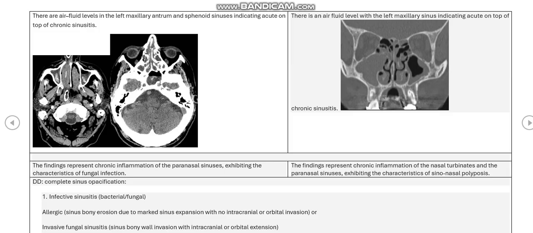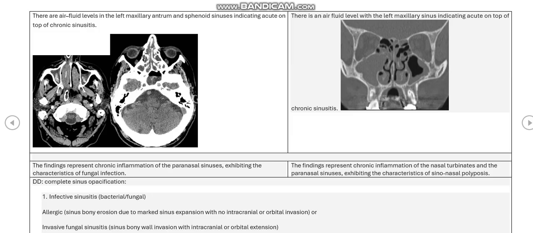So here acute sinusitis occurs with fungal material. Can you see the fungal material here? There are areas of high density inside the maxillary sinus.